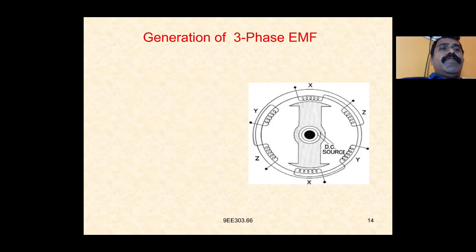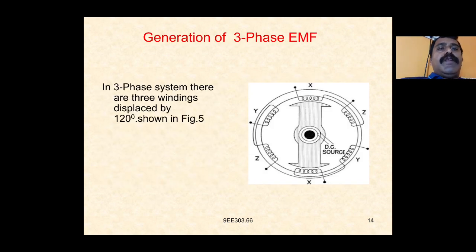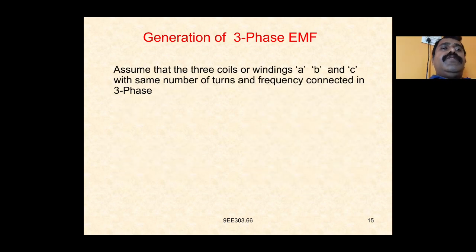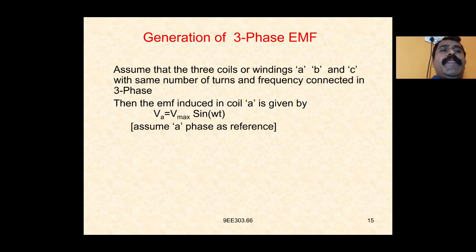So generation of three-phase EMFs. In a three-phase system there are three windings displaced by 120 degrees from each other. The EMFs induced in the three windings are also displaced by 120 degrees. Assume that the three coils are windings A, B, C with the same number of turns and the same frequency. Then the EMF induced in coil A is given by VA is equal to Vmax sin omega t.